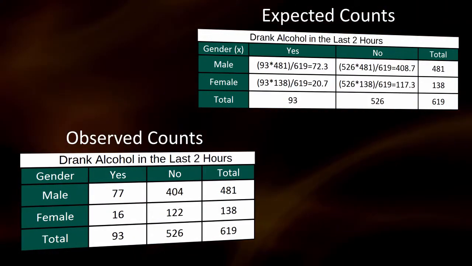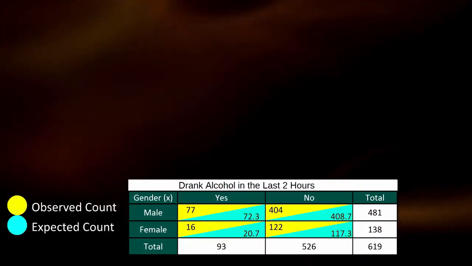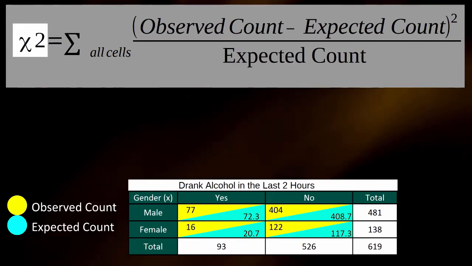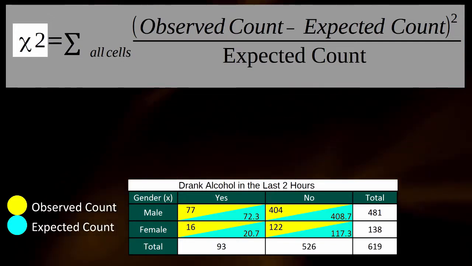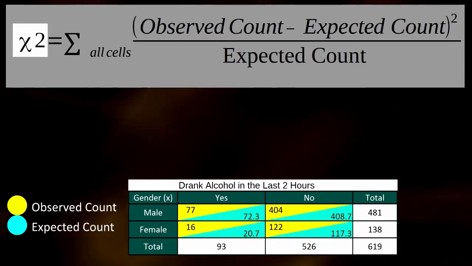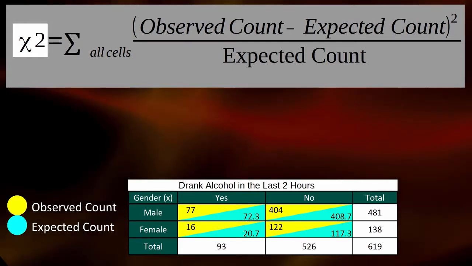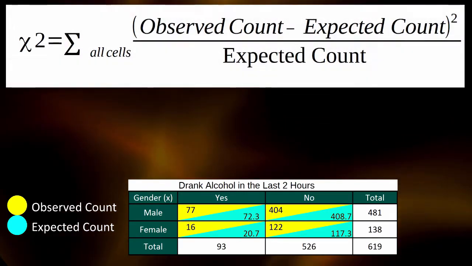Importantly, the single number that summarizes the overall difference between observed and expected counts is the chi-square statistic, denoted as chi, or X squared, which tells us in a standardized way how far what we observe, that is the data, is from what we would expect to observe if the null hypothesis were true.